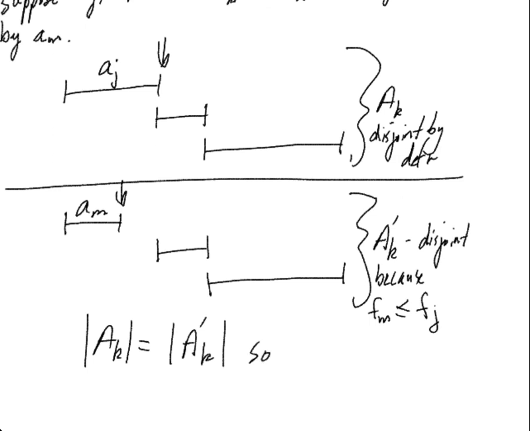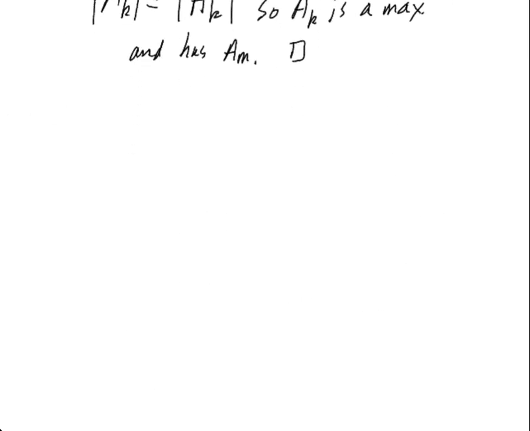So, A prime sub k is a maximum, and it has A sub m. And we've proven the greedy approach. That we can take any optimal solution, we can put in the activity with the earliest finish time, and the solution is still going to be optimal.